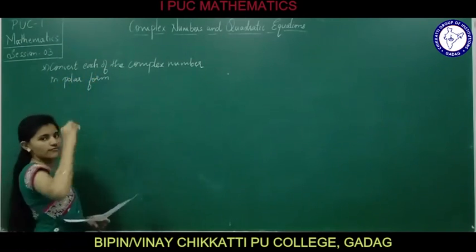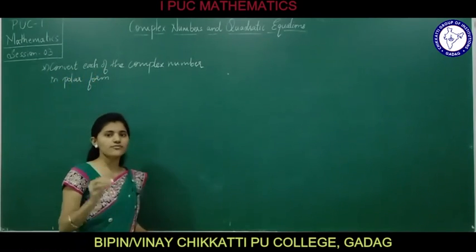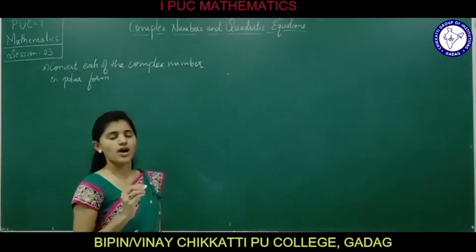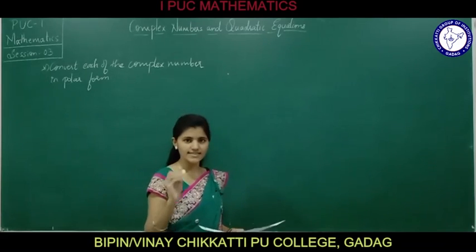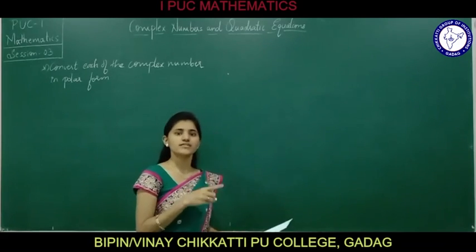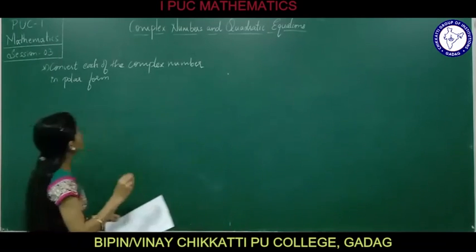What is the polar form we have? We had the polar form as z is equal to r into cos theta plus i sin theta, right? That is what we are supposed to convert here now.